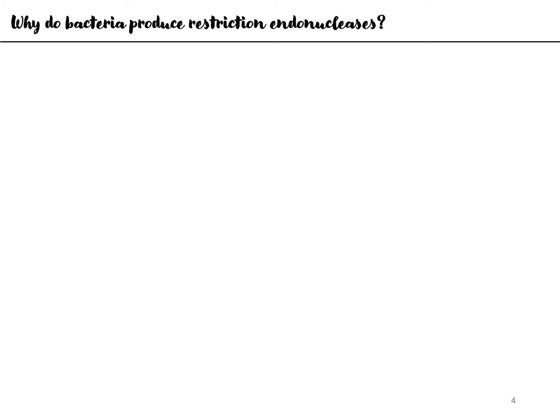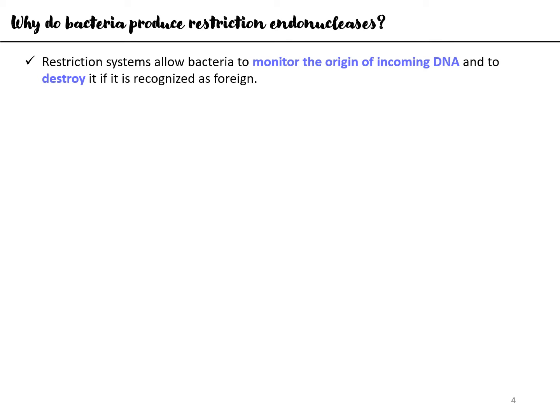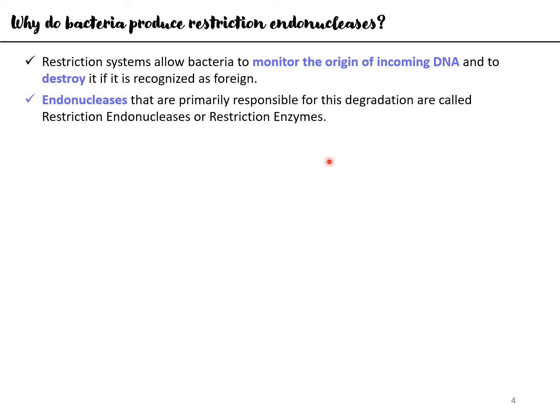Why do bacteria produce these restriction endonucleases? Like I already mentioned, it is a part of their defense mechanism. Restriction systems allow a bacterium to monitor the origin of the incoming DNA and to destroy it if it is recognized as foreign. Endonucleases that are primarily responsible for this degradation are called restriction endonucleases or restriction enzymes.